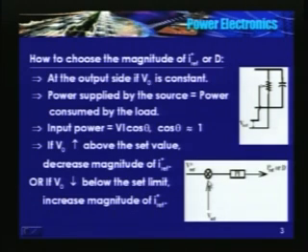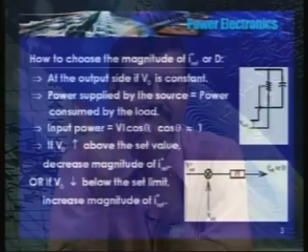Now what will happen to the switching frequency in the current control? Assume that there is no load. If there is no load, source need not supply any power to the output. Theoretical no load, or the converter is lightly loaded.